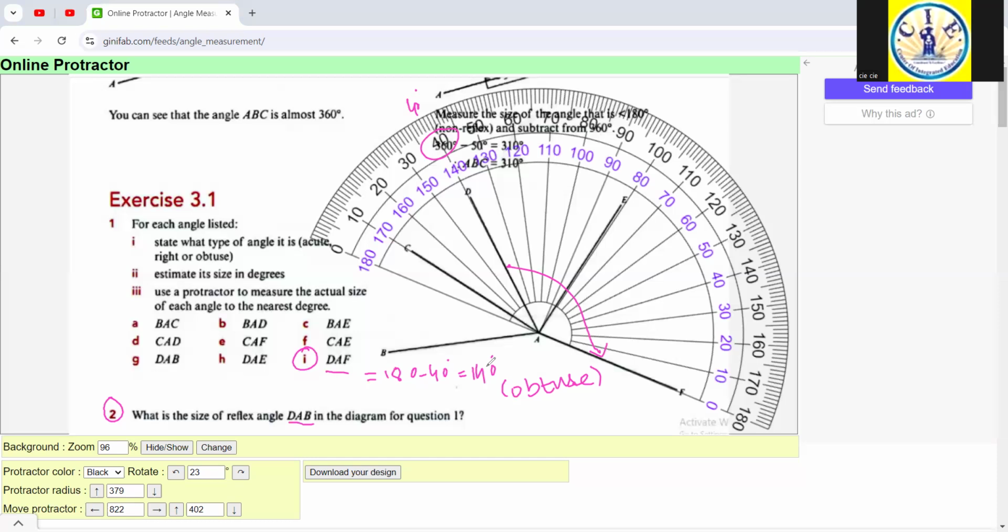Okay, for that, let me erase the previous one. We can measure this one.